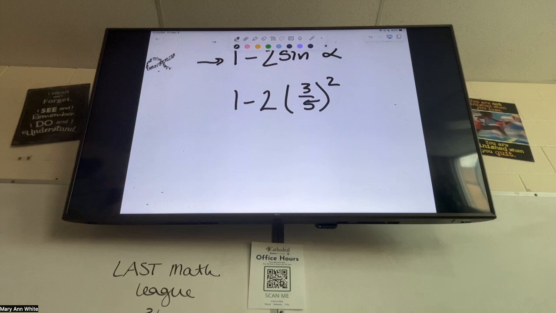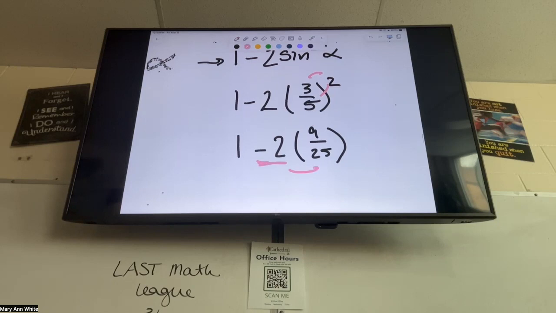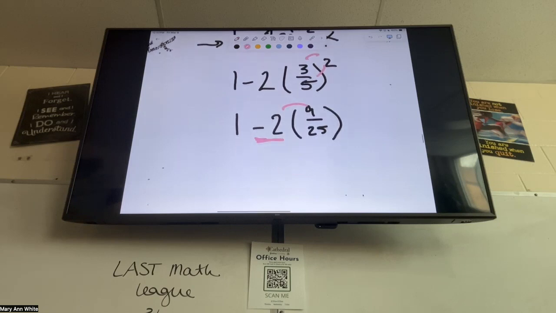What do I do first? 1 minus 2 times 3/5, or 3/5 squared? Good, squared. 1 minus 2 times 9/25. When I do 2 times 9/25, bring that negative with you, very good. Do I multiply the 9 and the 25 or just the 9? Just the 9, good. I'm just trying to get a lot of common mistakes out of the way now so we don't make them on our own later. So 1 minus 18/25.